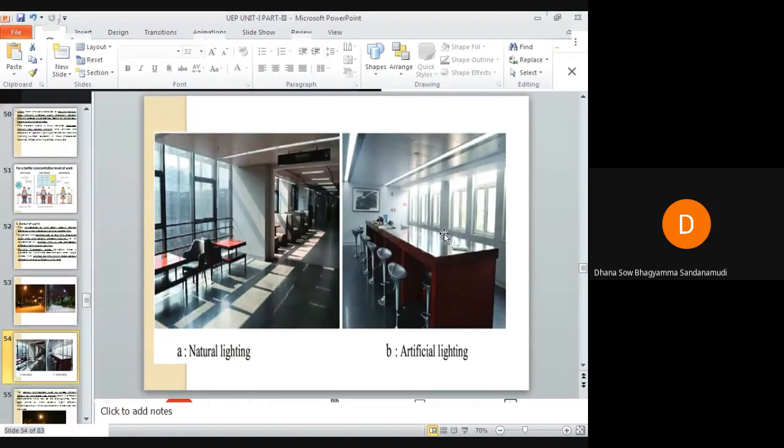Both the images are looking similar. You can see the true color of this table or these seating chairs, the true color of each and everything in this room even due to artificial light. Almost similar. We can't say 100%, you can't equate it to the natural light, but it is almost similar. Much difference is not there.